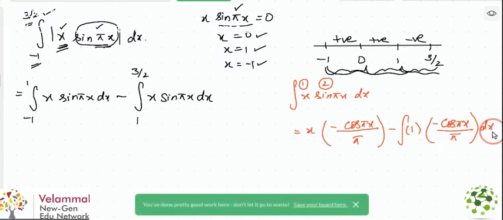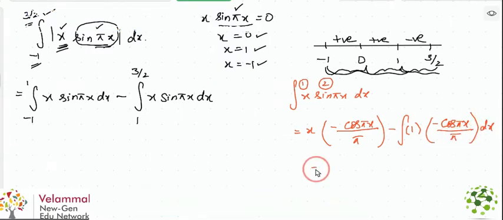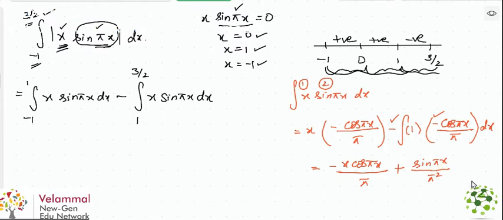Did you understand? Now I am going to integrate the second one. Okay. Minus x cos pi x divided by pi, minus into minus becomes plus. Cos pi x integration is positive sine pi x by pi. Coefficient, don't forget. Already there is a pi. So it becomes pi square.